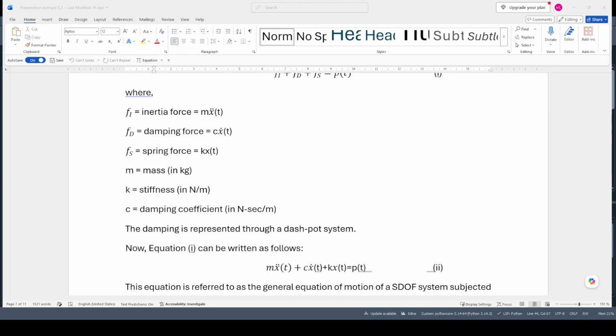So the inertia force is equal to mass times acceleration, the damping force is equal to the damping coefficient times the velocity, and the spring force is equal to the stiffness of the spring times the displacement.